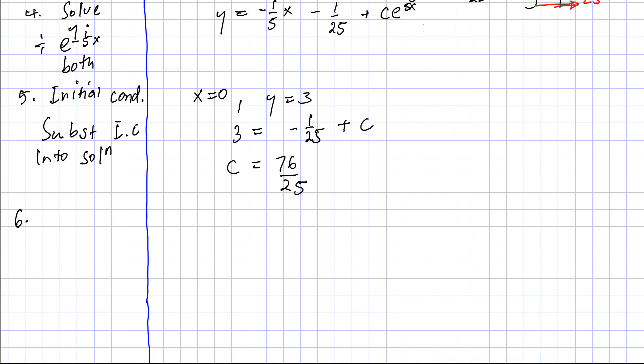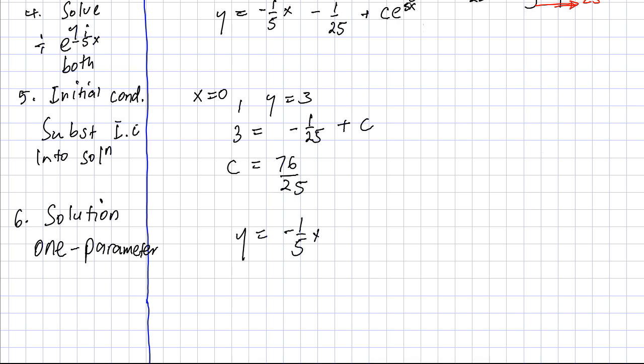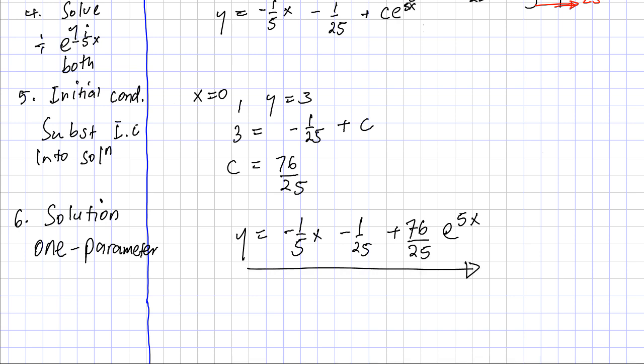Our final solution, which is a one parameter family, is y equals negative 1 over 5 x minus 1 over 25 plus 76 over 25 e to the 5x. This is our solution to the initial value problem.